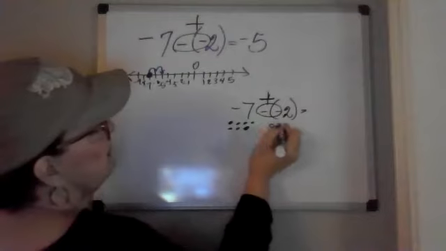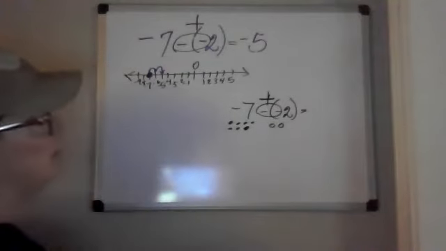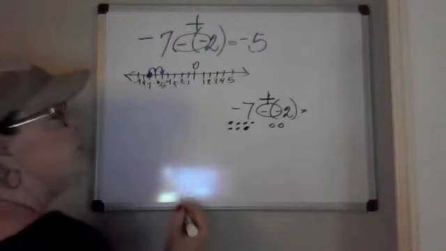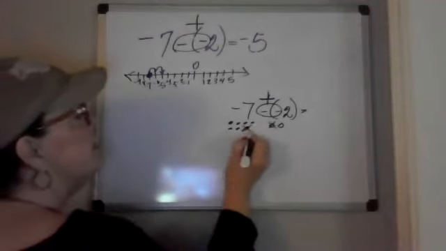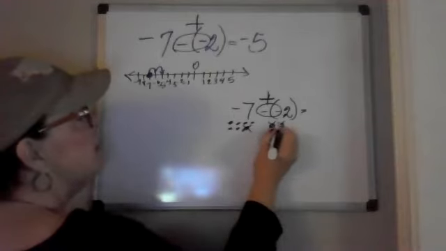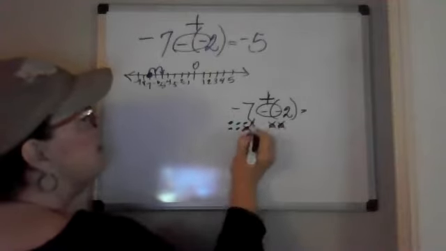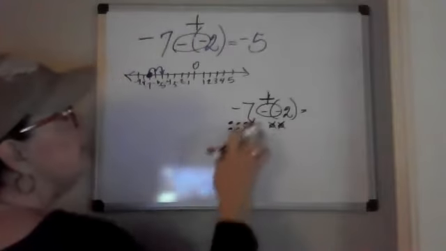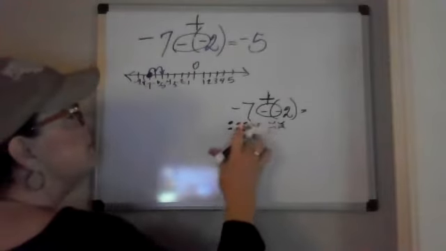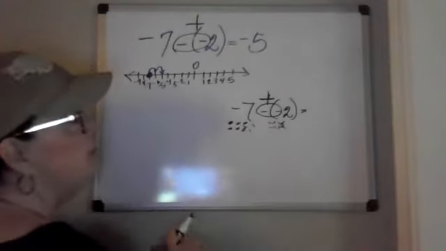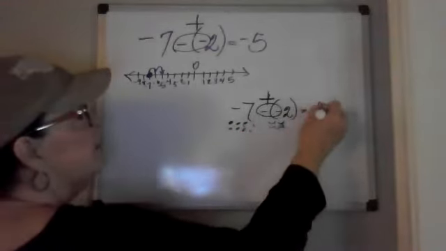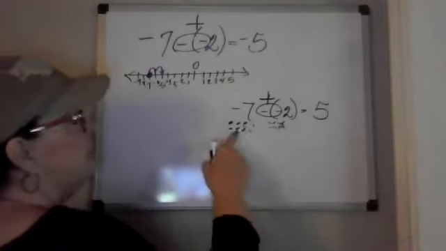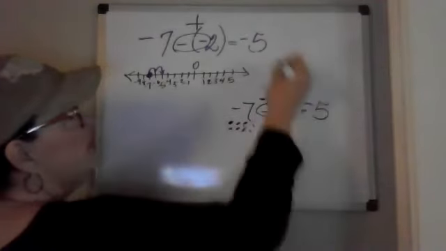And so we have +2. Before we can find the answer, we have to get rid of the 0 pairs. Here's a positive that matches a negative. Here's a positive that matches a negative. Now, when we get rid of those, all we have left on the screen is 1, 2, 3, 4, 5. And they are dark, so it's a negative answer.